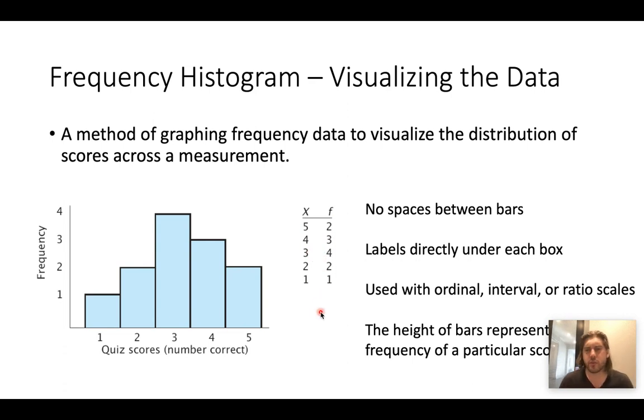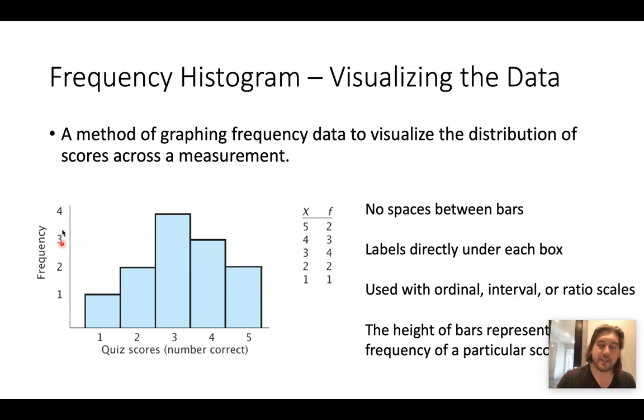We can turn these frequencies into the height of a bar such that the taller the bar, the greater the frequency of that particular score. To do this, we take our X's, our possible scores, lay them on their side, and turn them into the x-axis of our graph. So this is a score of 1, a score of 2, a score of 3, a score of 4, a score of 5.